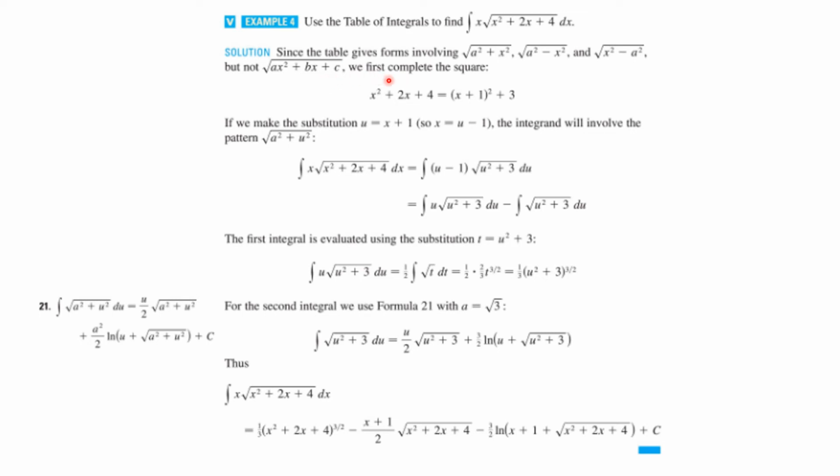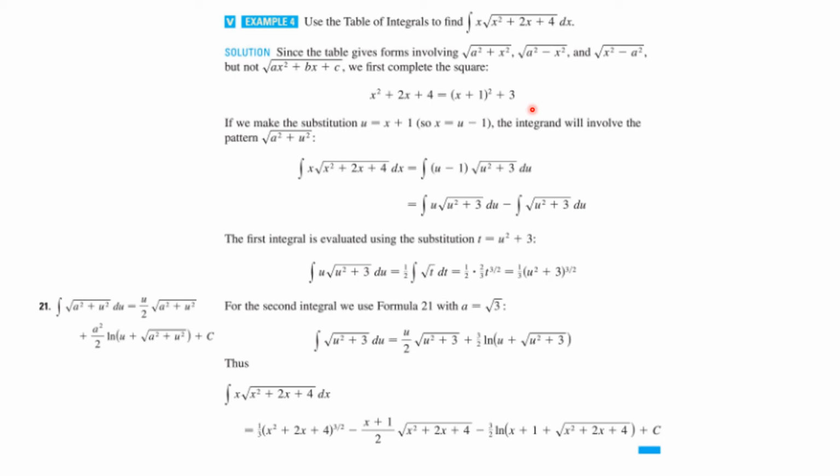So the first thing you'd have to do, even if you're using the table, is complete the square. So you'd have to complete the square this way, and you should verify that you do that. So you see, even though you have a computer algebra system, that doesn't mean that you don't have to do some math and work.